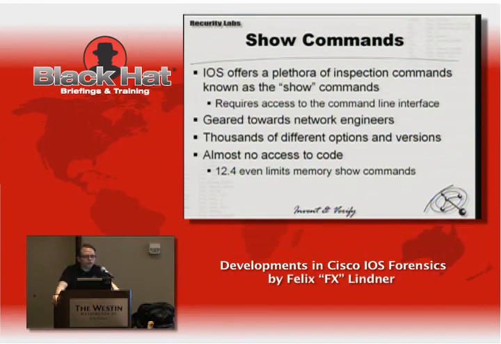Up to 12.3, they still had commands that would allow you to say show memory and then 0x something and give it the virtual address in memory. In 12.4, they actually removed this, probably to counter reverse engineering, which I'm entirely sure really didn't help them at all. Right, Hover?